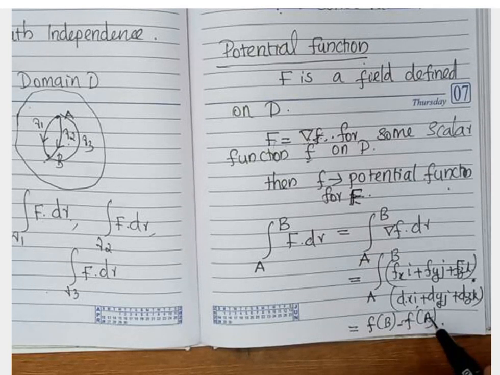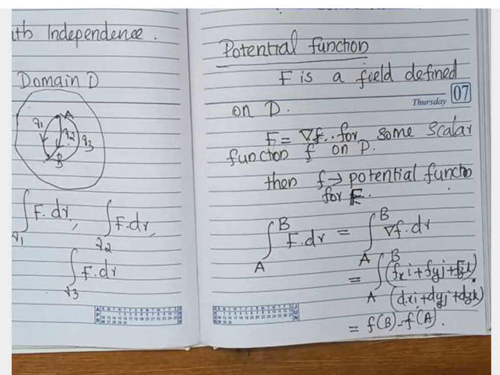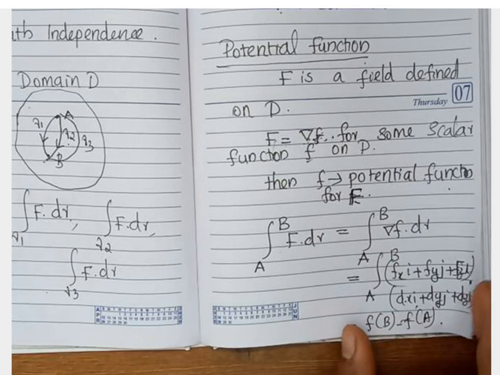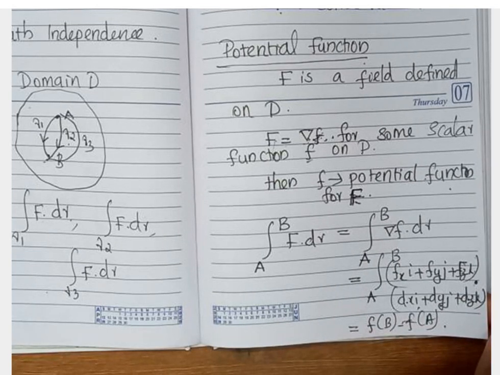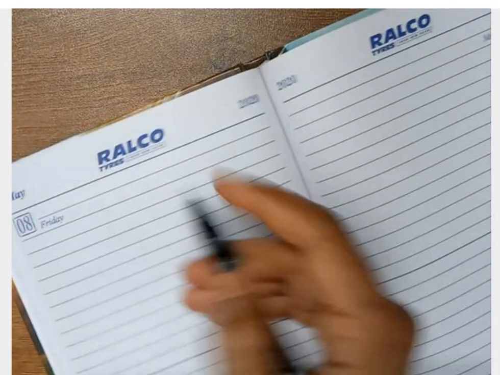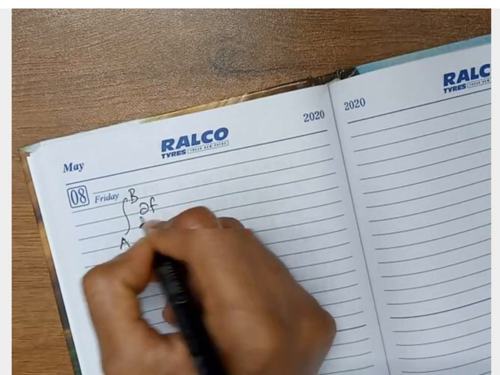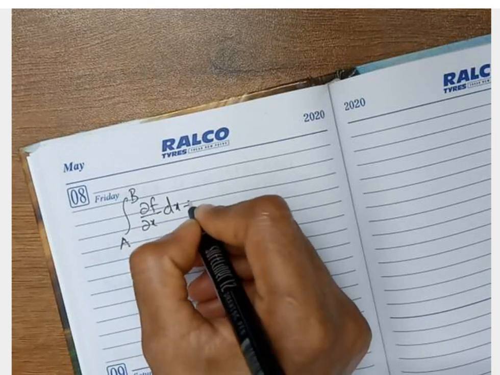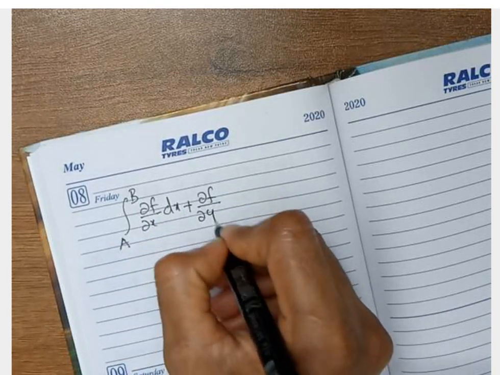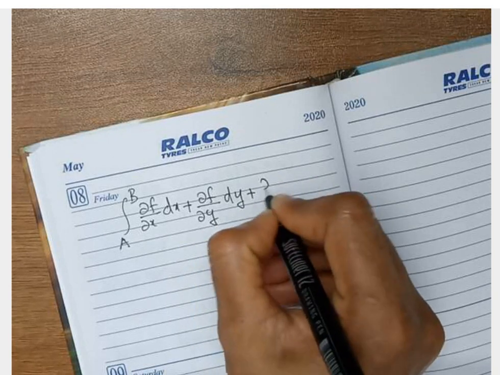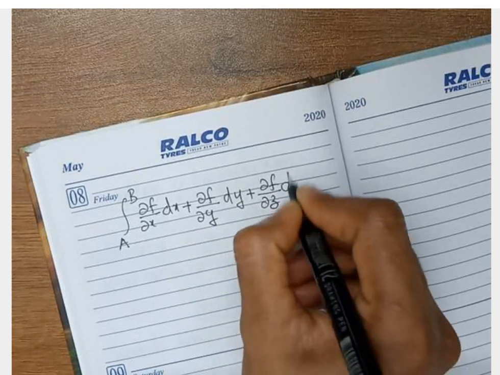How can we do this? We can write this as the integral from A to B of dou f by dou x dx plus dou f by dou y dy plus dou f by dou z dz. What happens to this?